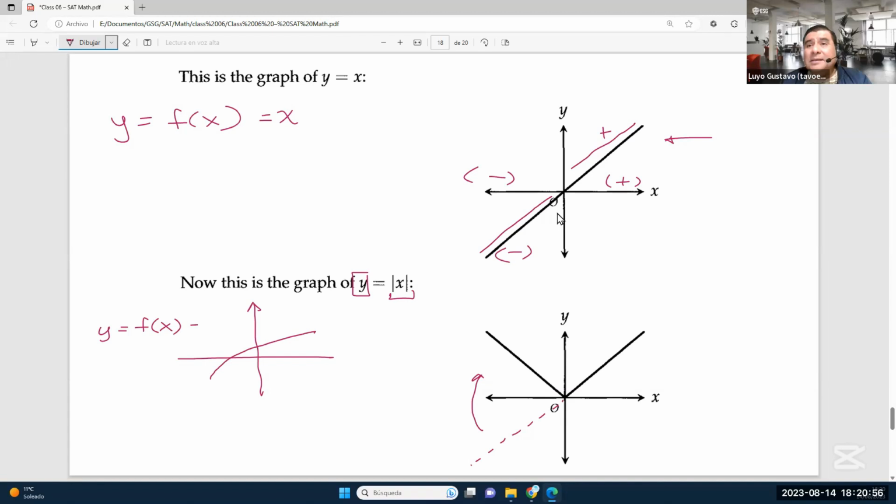As you can see here, one part of the values of y are positive, but to the left, the values of y are negative. So how would the absolute value of f of x look?